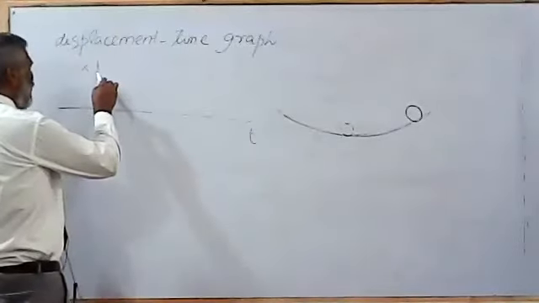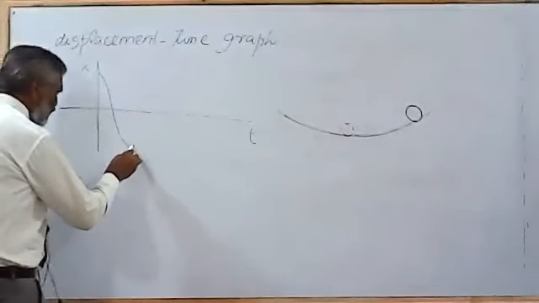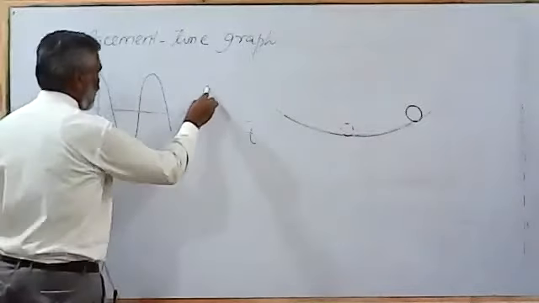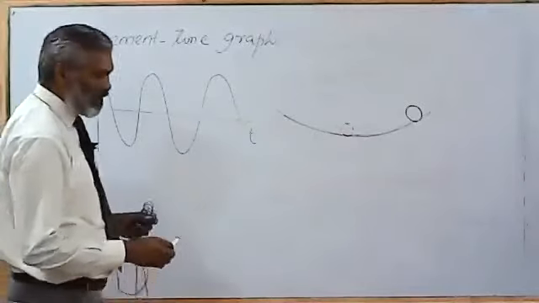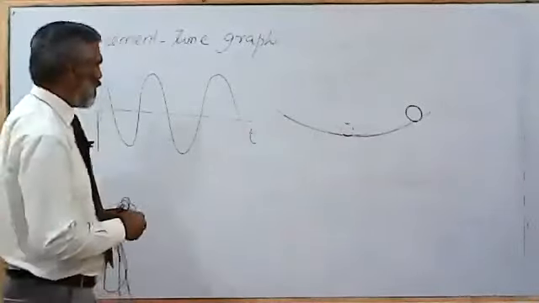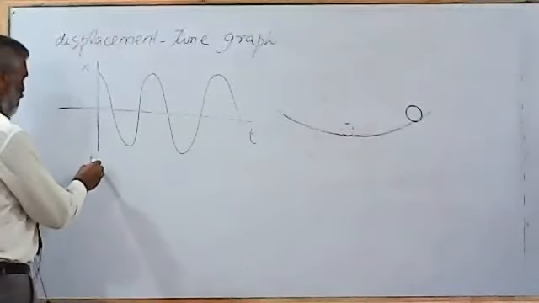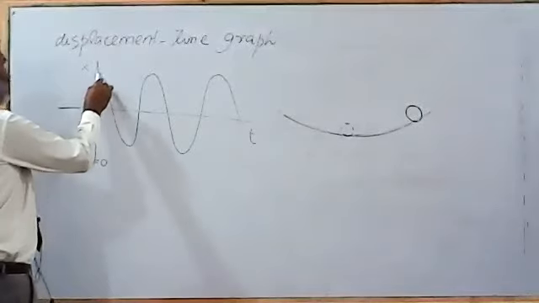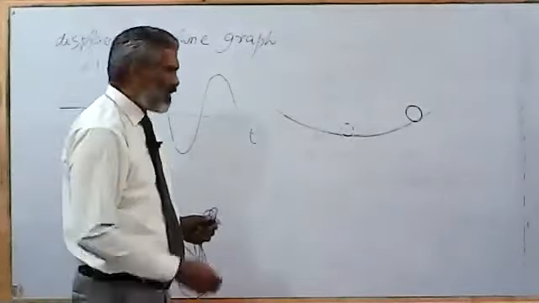So if I start from the extreme position, this is going to be the position of this graph. And this is the sinusoidal variation of displacement with time. At t equal to 0, the object is at its maximum distance from the mean position on this side.